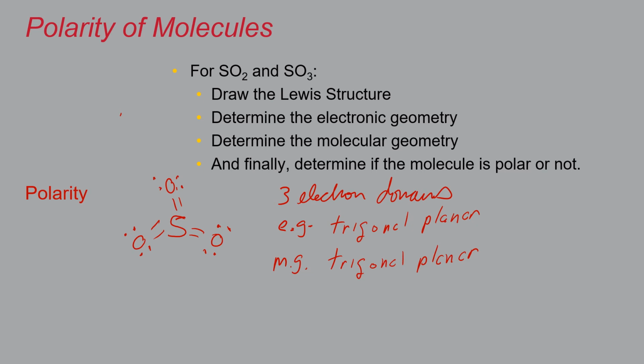So these bonds are polar. The dipoles, oxygen is more electronegative. So the oxygen atoms have the partial negative charge. The sulfur atom has the partial positive charge. The dipoles point from the sulfur to the oxygen in this case.